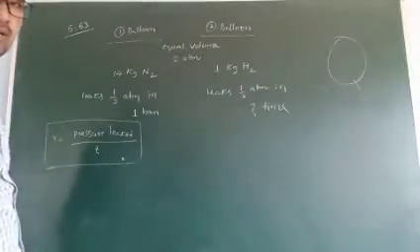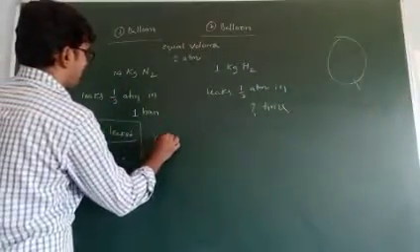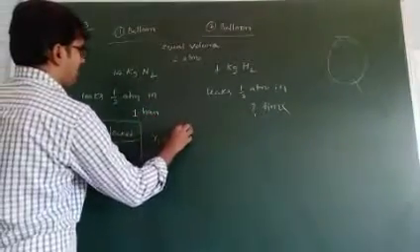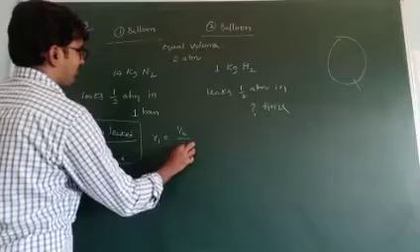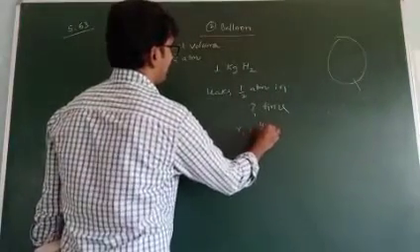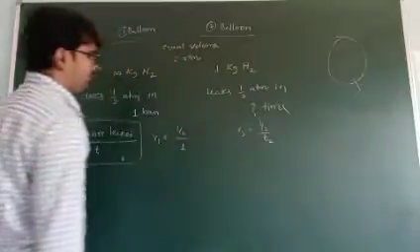So for this one, see all of you clearly. First calculate for the first one. R1 is equal to pressure leaked by time. Pressure is 1/2, time is 1 hour. For this one, R2 is equal to pressure leaked 1/2, but this time is unknown. We have to calculate T2.